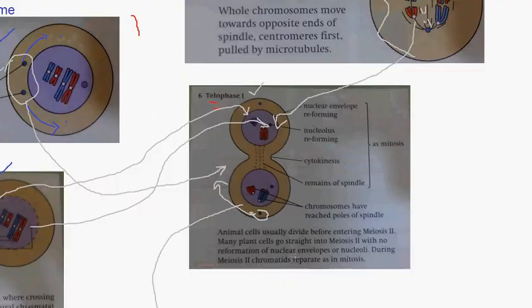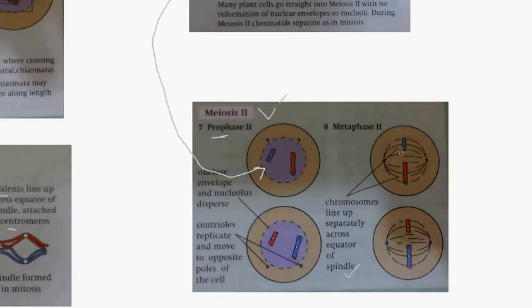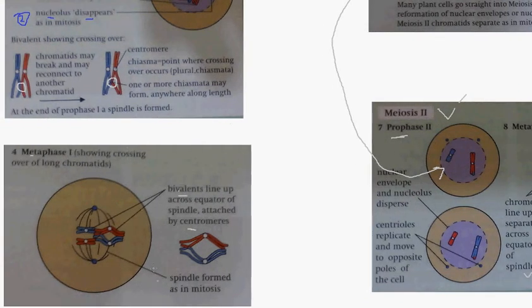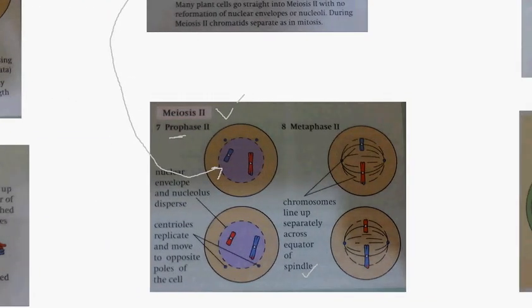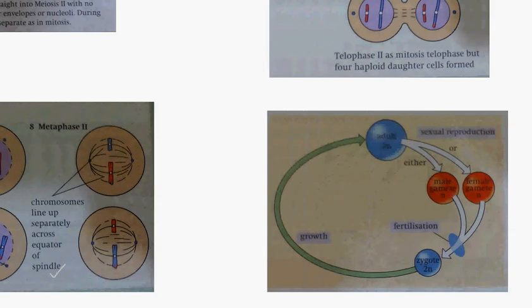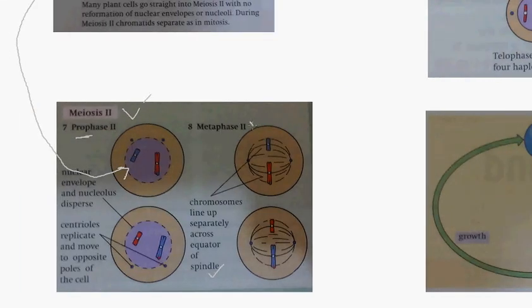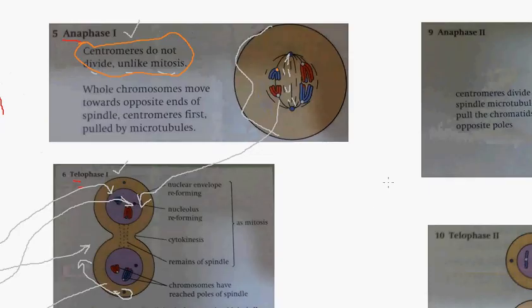Normally when we don't have bivalents, they will line up like this across the equator. They line up separately, unlike here where they lined up together. So you should note that very clearly. And then after metaphase 2, we come to the anaphase.